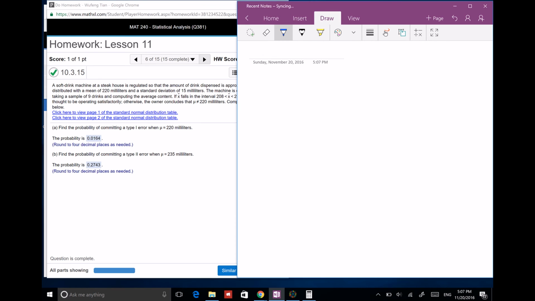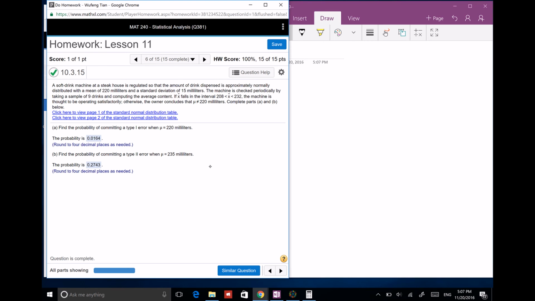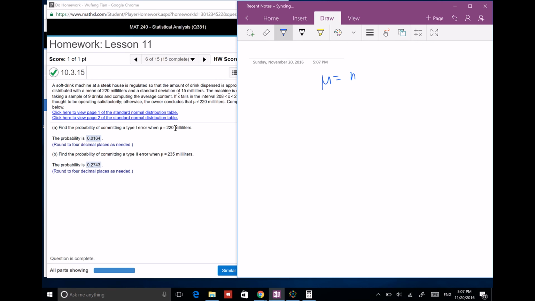This one is the same idea. Let me check. Yeah, it's exactly the same method as the previous one. You find mu equals np. Oh, it actually gives everything. That's even better.